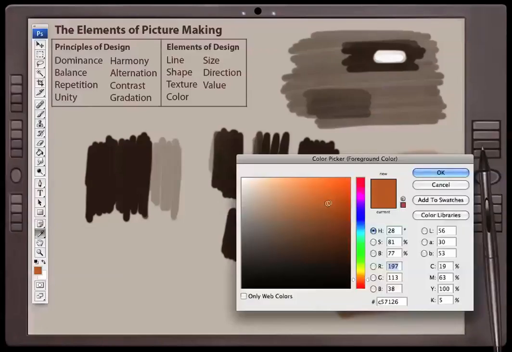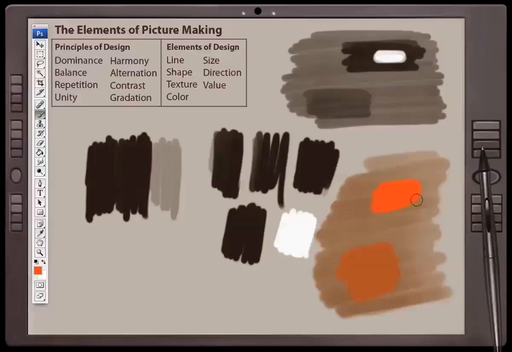And now I'll add a really bright orange color. This is where the dominance is, because this bright, intense orange color contrasts strongly with the more grayed orange color in back of it. While down here, this color contrast is much less. And because of that, this part doesn't dominate. But where the color contrast is stronger, right here, that's where dominance is created.